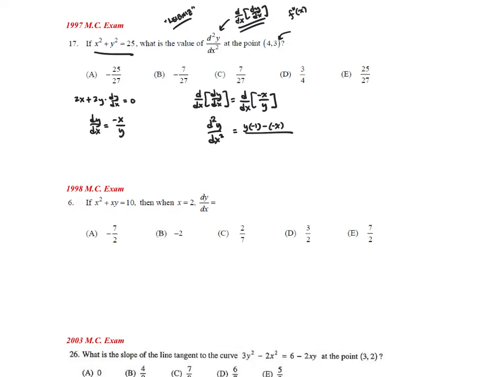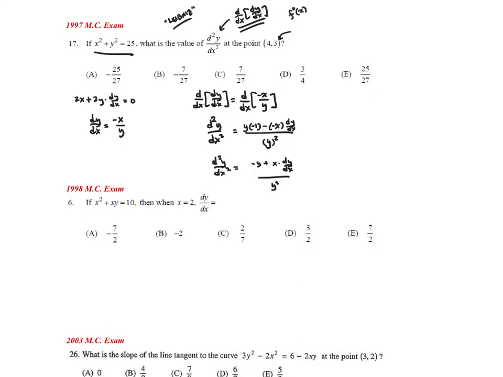The upper function is negative x. The derivative of the lower function is going to be dy dx, all over the low function squared. Okay, so let's clean that up slightly, just make it a little bit nicer to work with algebraically. That'll be negative y plus x dy dx, all over y squared.